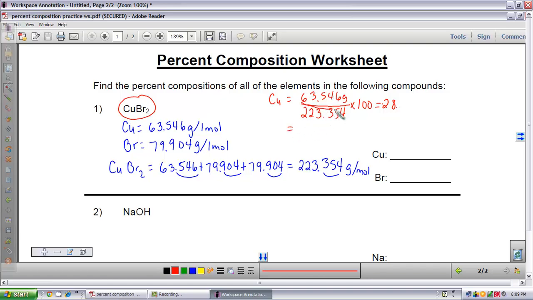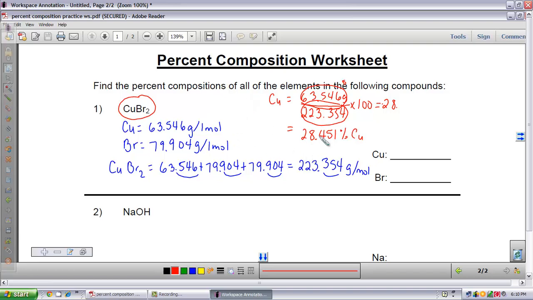But if you look at your sig figs, okay, you've got 5 sig figs here, and you've got 6 sig figs here, and if you look at the least amount of sig figs, you're going to see that you can only have 5 sig figs. So we're going to knock it down to 28.451% copper. That was what would go in the blank over here.